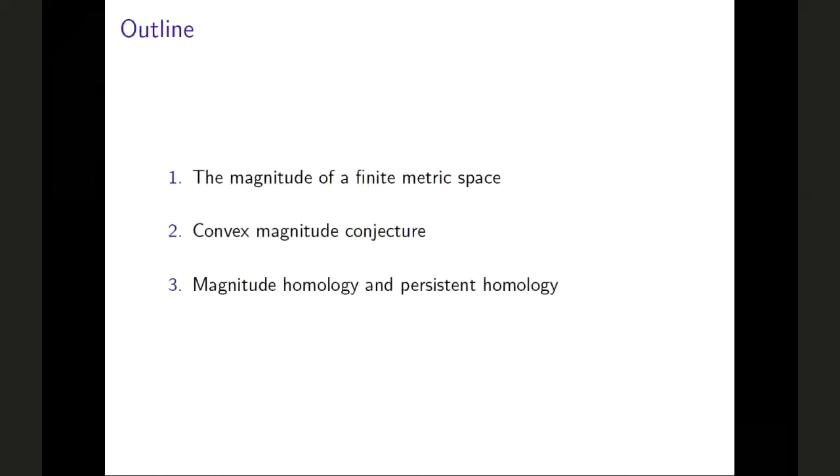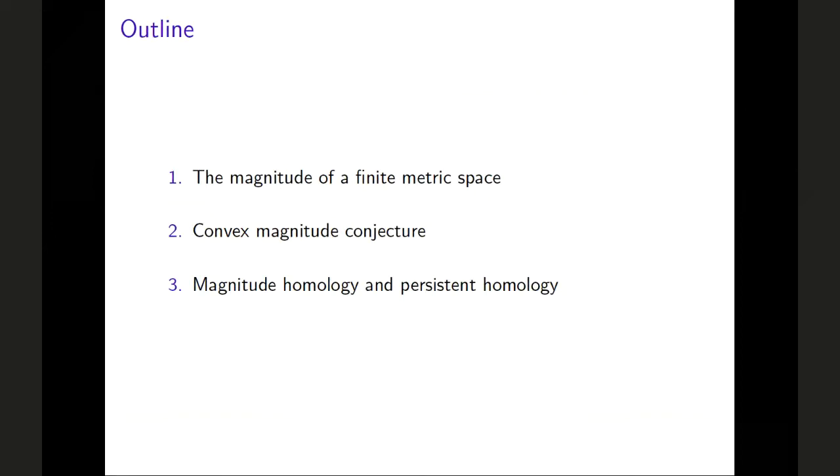More or less what I will do during this talk is I will first introduce the magnitude for finite metric spaces and talk about some of the properties of the magnitude. And then I will talk about two different current research areas. One is the convex magnitude conjecture, which involves the magnitude of compact metric spaces.